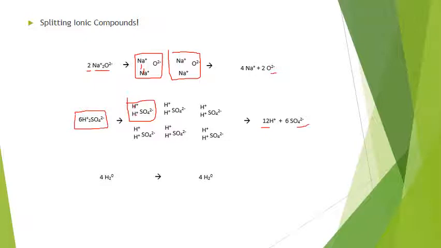Now in the future you'll see things like this. 4H2, no charge. Don't split that apart. So don't split this into 8 HOs. The other common mistake is this right here. Students will write, instead of writing 12 H pluses, they'll write 6 H2 plus.